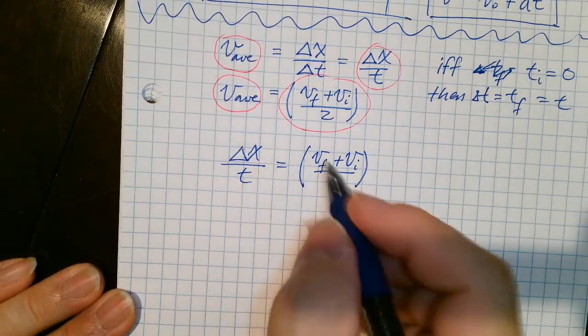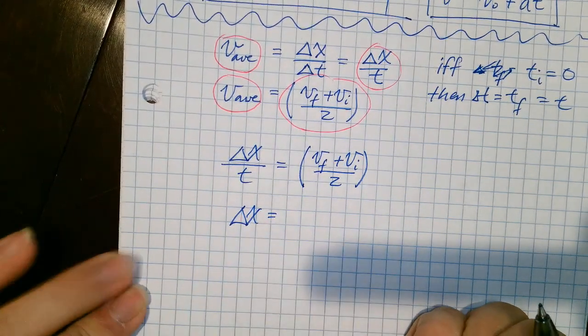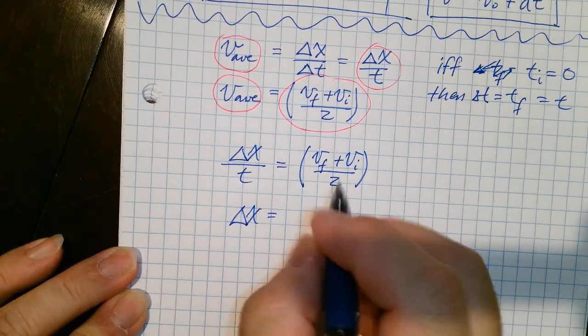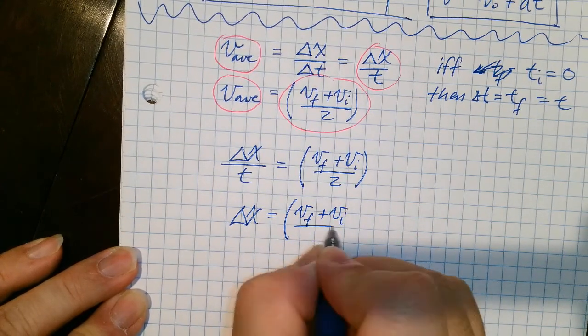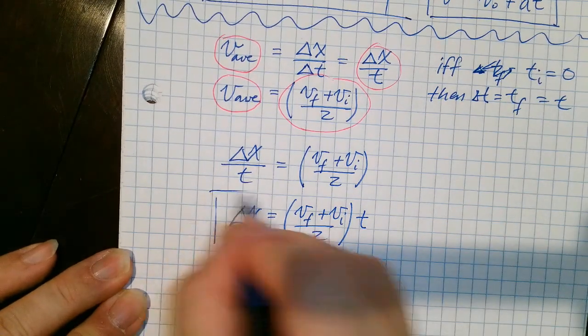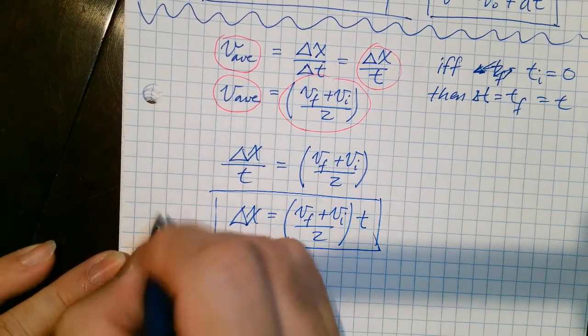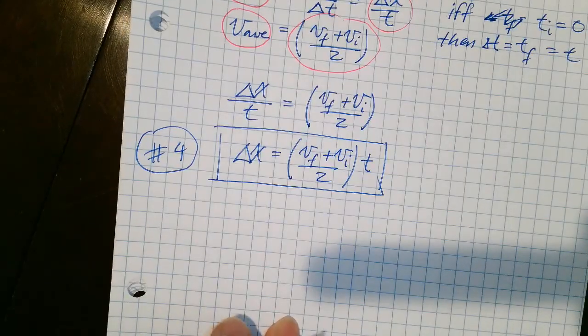If I multiply time to both sides, I get delta x is equal to vf plus vi over 2 times t. This is my equation number 4, which is trivial, but is actually a very important equation.